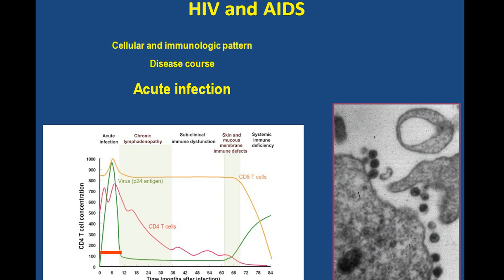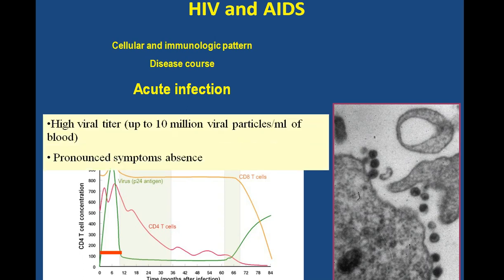You see the cellular immunological pattern of the disease, or acute infection, with the level of CD4 T lymphocytes. Firstly, the concentration of these cells is reduced.